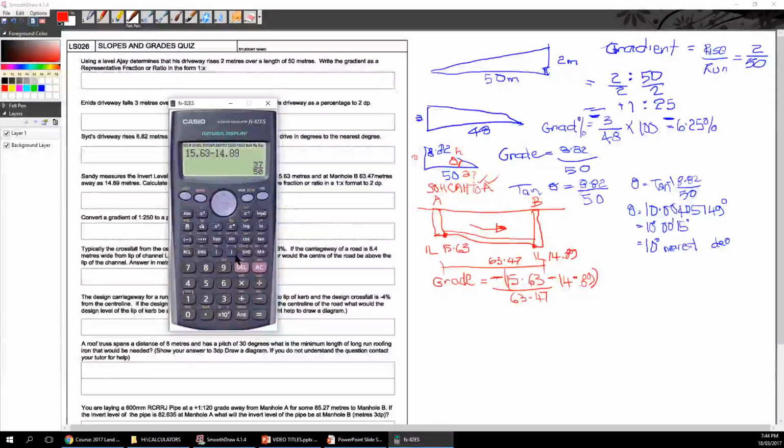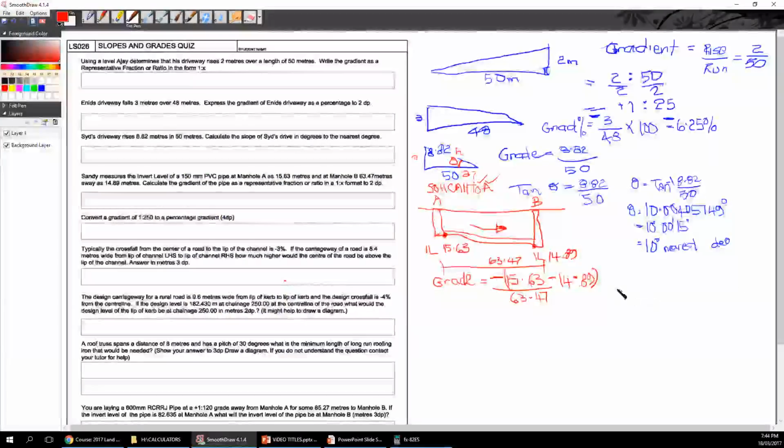And that's equal to 0.74. And then we divide that by 63.47. I'll just write that in there.